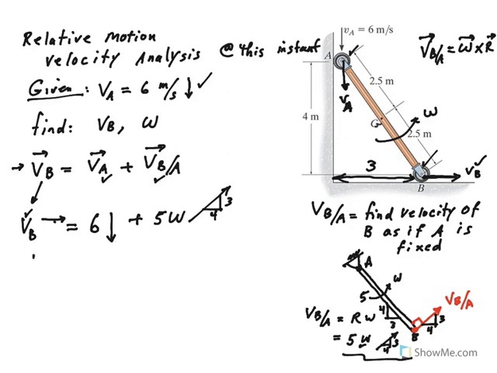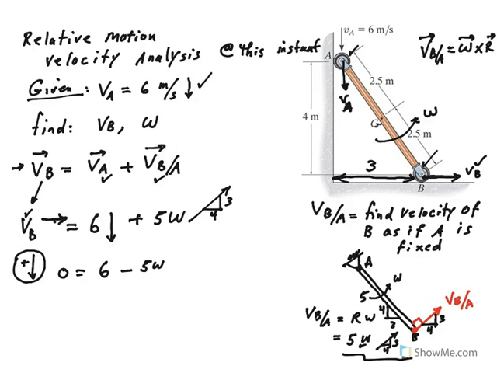I'm going to start with the vertical components, and I'll take this to be positive. The left-hand side doesn't have any y component, because it's horizontal only. This would be a 6, and this would be a negative 5 omega. By the way, it doesn't matter if you take downward positive or upward positive. It doesn't make any difference.